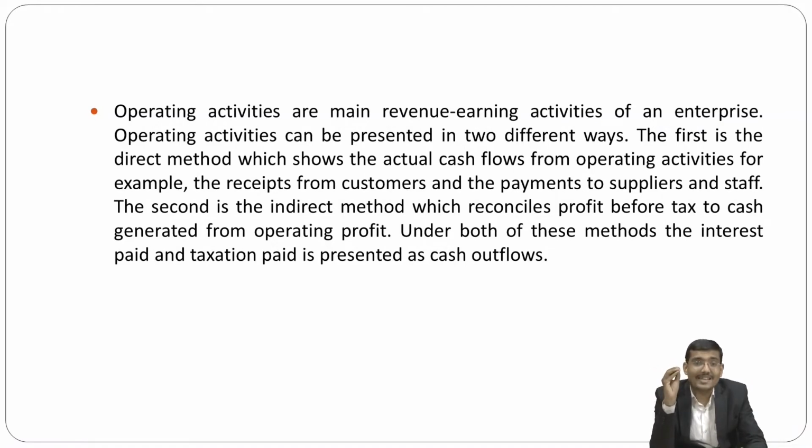And the second is the indirect method, which reconciles the profit before tax to cash generated from operating activities. And under both of these methods, the interest paid and the taxation paid are presented as cash outflows.